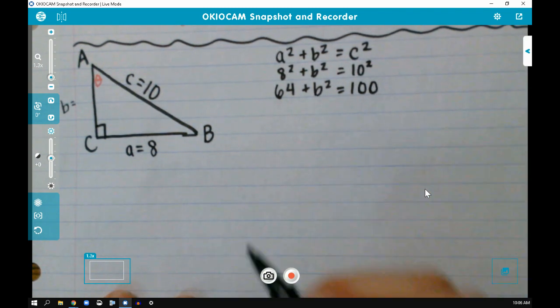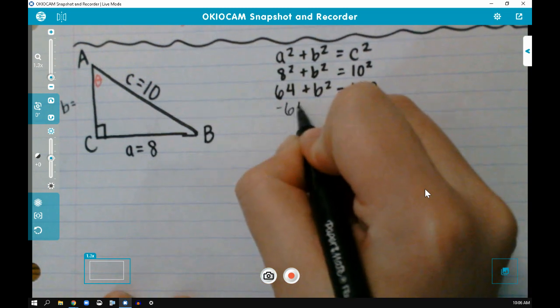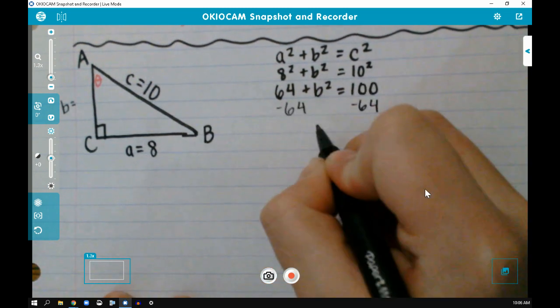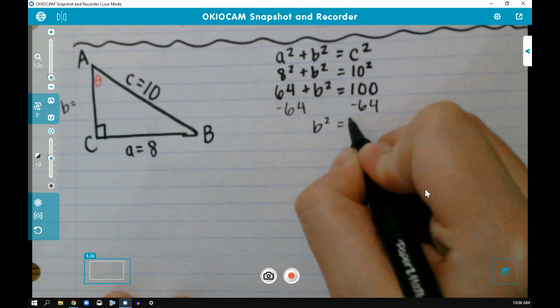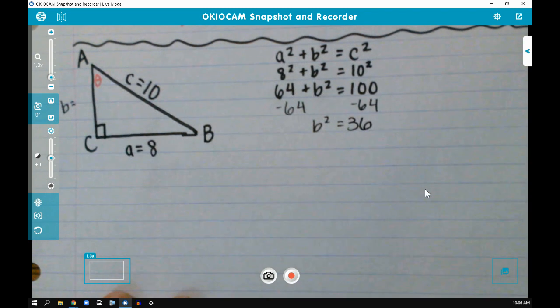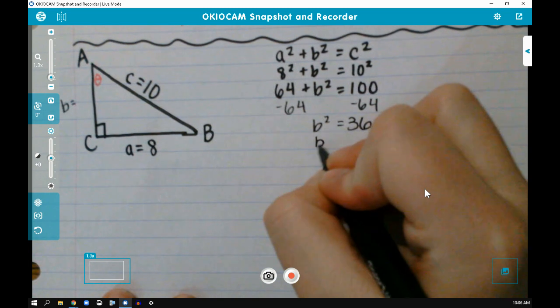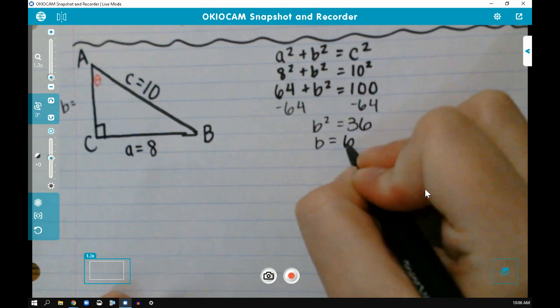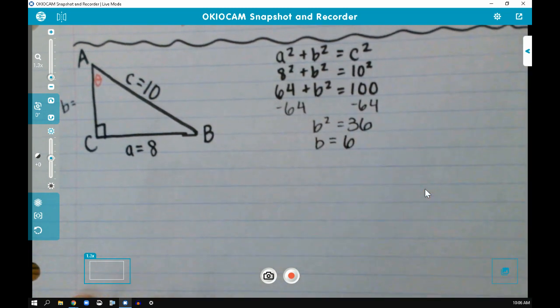We can subtract 64 from each side and figure out that b squared equals 36. If b squared equals 36, what's the side length of b? 6. Yep. So b equals 6.